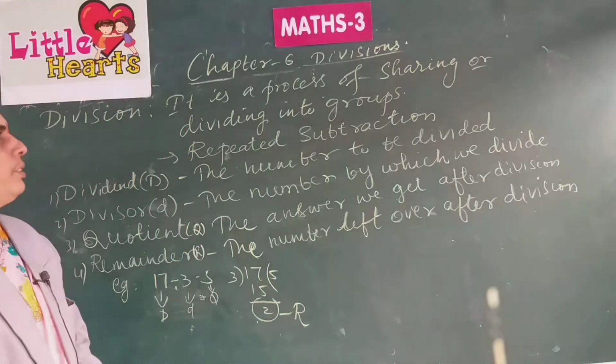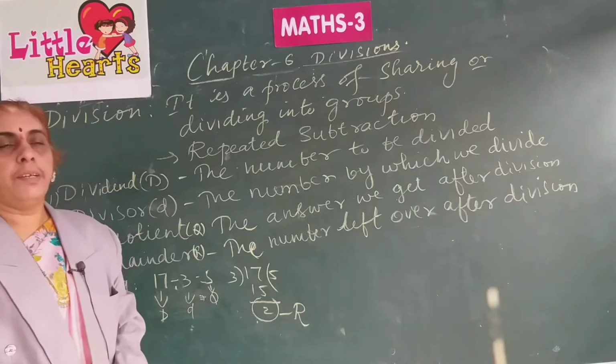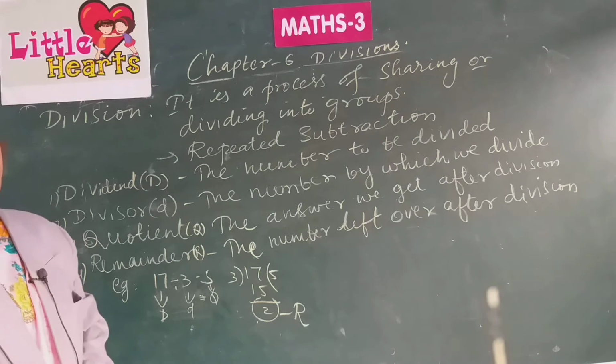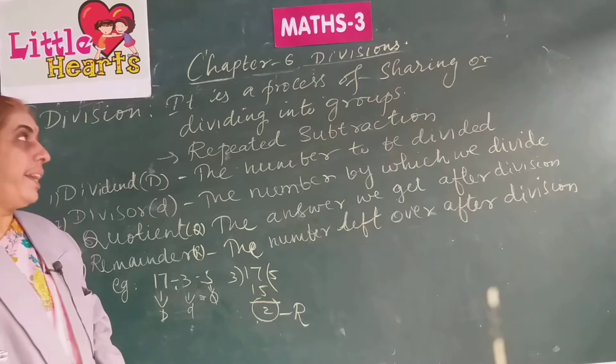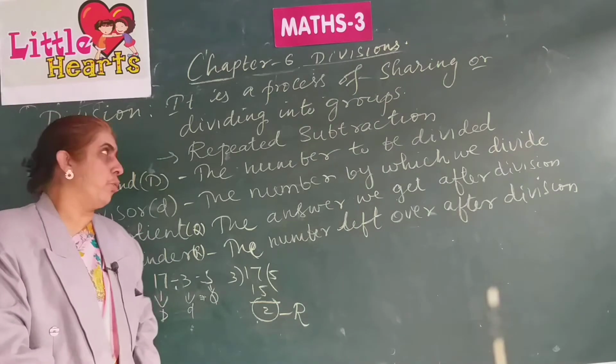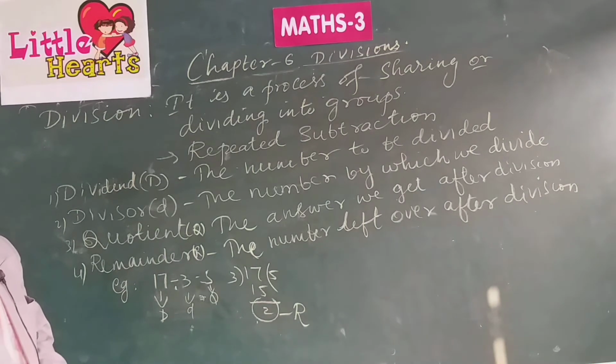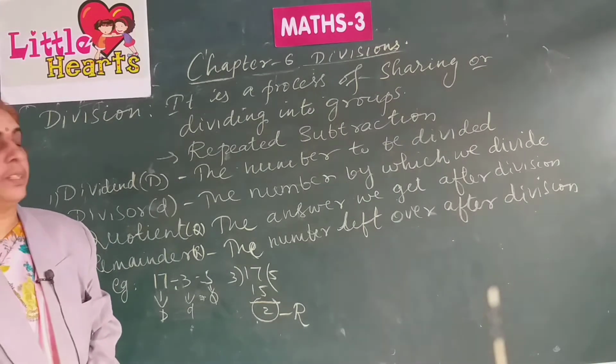Today we are going to deal with division. Division is a process of distribution or sharing of things equally, or dividing into groups, and it is nothing but repeated subtraction.